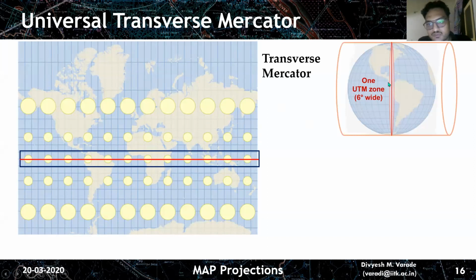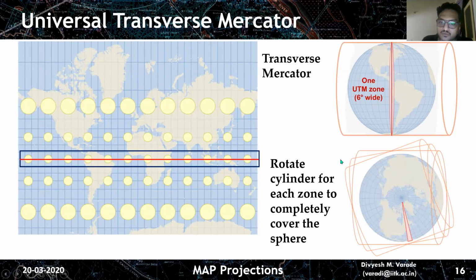In the case of the transverse Mercator projection, the standard line is basically a meridian. So close to this meridian, the distortion is minimum. And so people define a 6-degree wide zone across the standard line where the distortion is minimum. This 6-degree zone basically defines one zone of UTM.